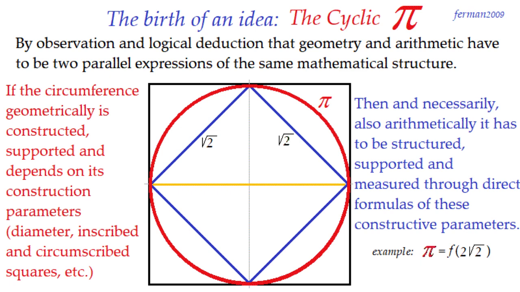And not too long after, a strong approximation to a supporting parameter of the circle appeared to me, which is its semi-inscribed square, 2√2. And since then I have been building the connections, formulas, cycles, properties, etc. of this cyclic number pi.